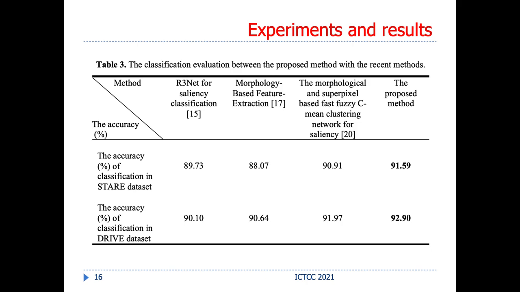The second method for the comparison is the morphology based on feature extraction, reference number 17. And the final method for the comparison is the morphology and superpixel based on fast fuzzy mean clustering network for the saliency, reference 20. And the final comparison is presented clearly in table 3.